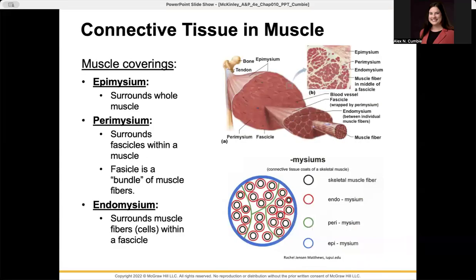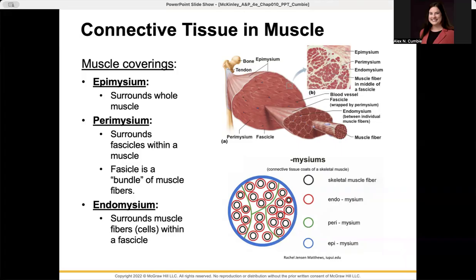So for those membranes or coverings of connective tissue, I have two renditions. This is a blown up picture of what we just looked at on the previous slide, and then this is a nicer cartoon picture to show that relationship. First, for these coverings, we had already learned something similar in the skeletal chapter, where we have coverings on the inside and outside of the bone.